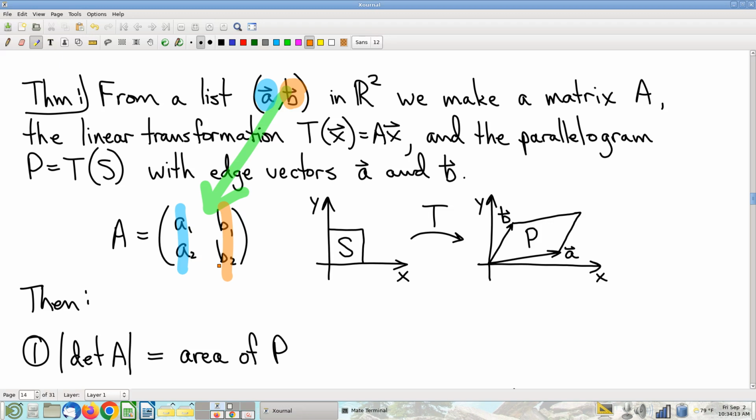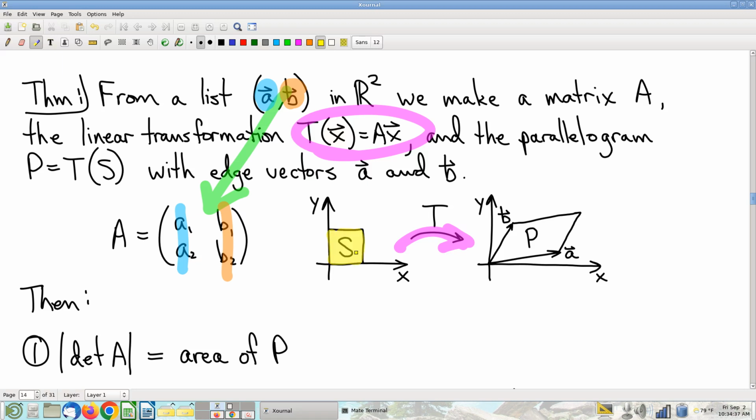If you have a matrix, of course, that defines a linear transformation, right? T of x is equal to Ax. From the linear transformation, I'm going to now define a parallelogram by saying, I'm going to start with the unit square arbitrarily.